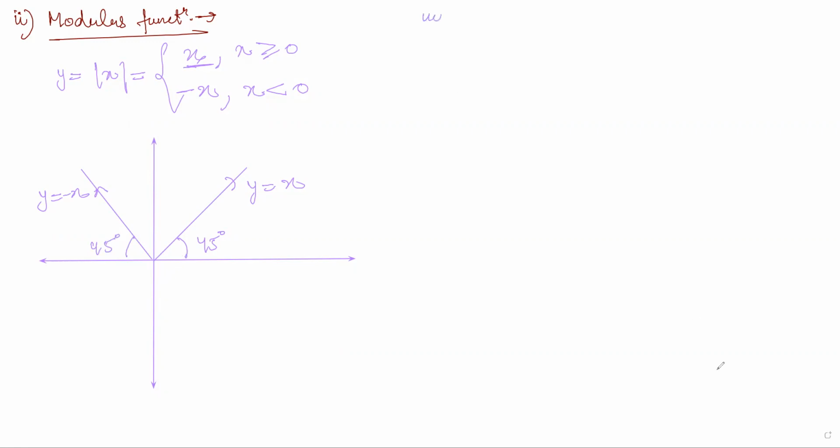Third type of function is the parabola. Now first we covered a linear function, the straight line. Second we covered modulus. Now third is the parabola. So the first task is how to understand what a parabola is.